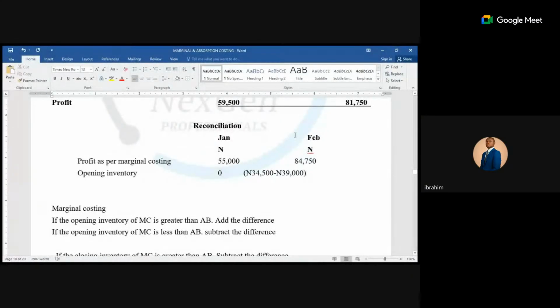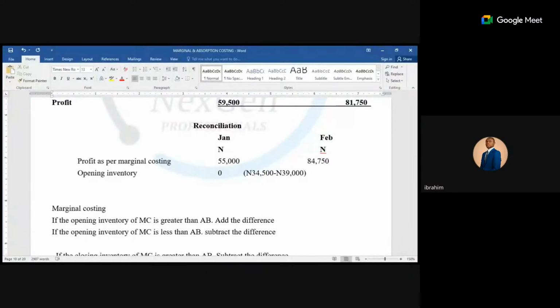You can see that the opening inventory of marginal costing is less than the absorption costing. That is the reason why you have 34,500 first, and you have 39,000 naira for the absorption costing. Can you see that?